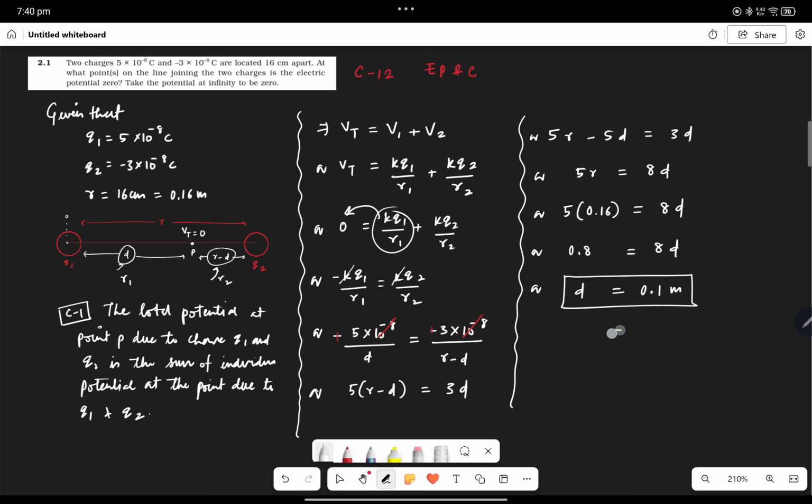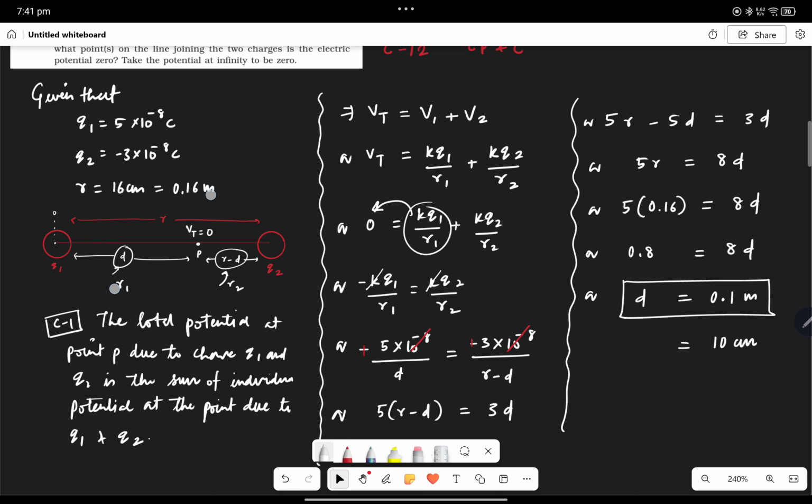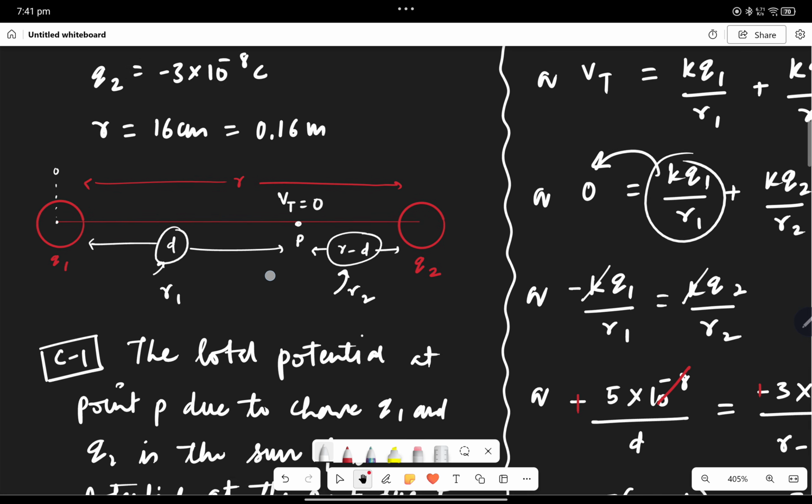And in centimeter, what is it? Sorry, I am so sorry, this is 10 centimeter, right? This is 10 centimeter.